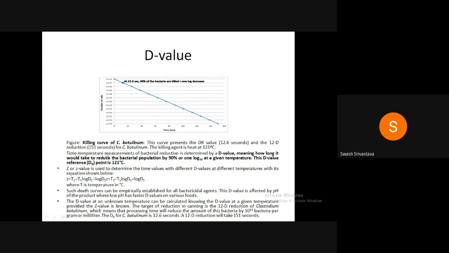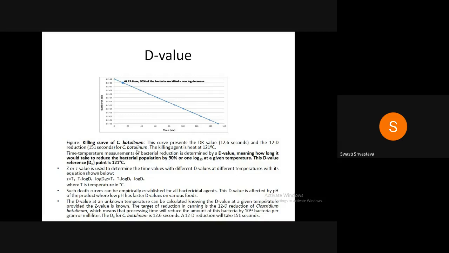Now, if you want to determine the D value, then you need to know the Z value, which tells how much the temperature must rise for the microbe's resistance to change.